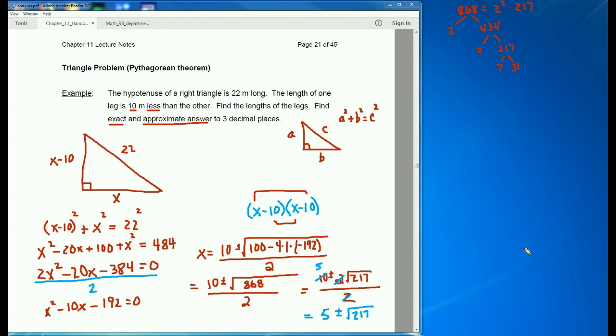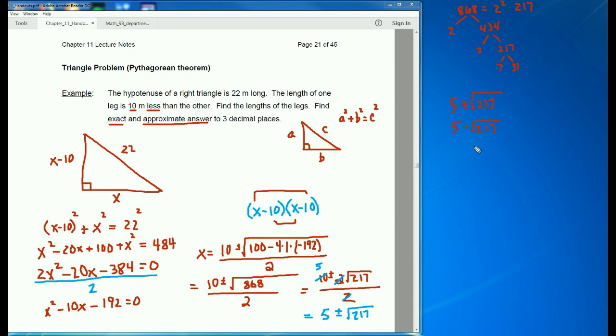Okay, so that is 2 solutions, and we need to figure out which one is the correct one. Well, let's write them both out. I'm going to come back up here. Okay, so that means it's either 5 plus the square root of 217, or it's 5 minus the square root of 217. And this is a good example of where it's actually more helpful to have the approximate solution, the decimal number, because these numbers are not very useful.